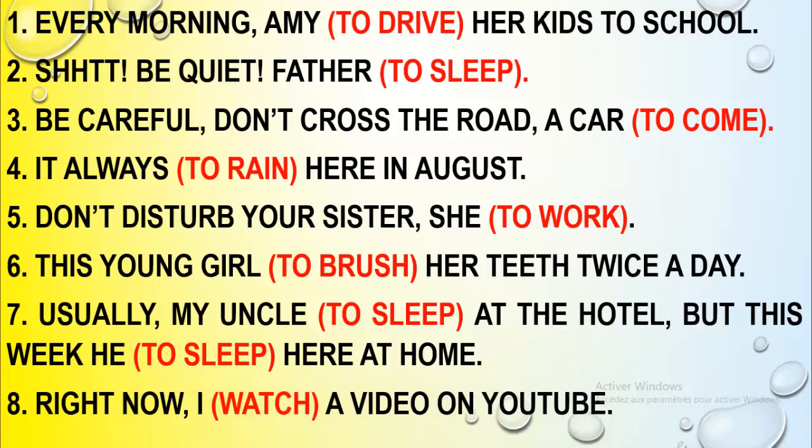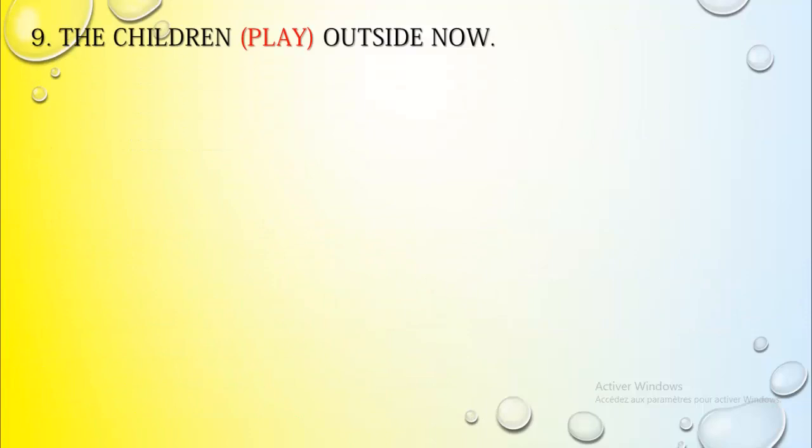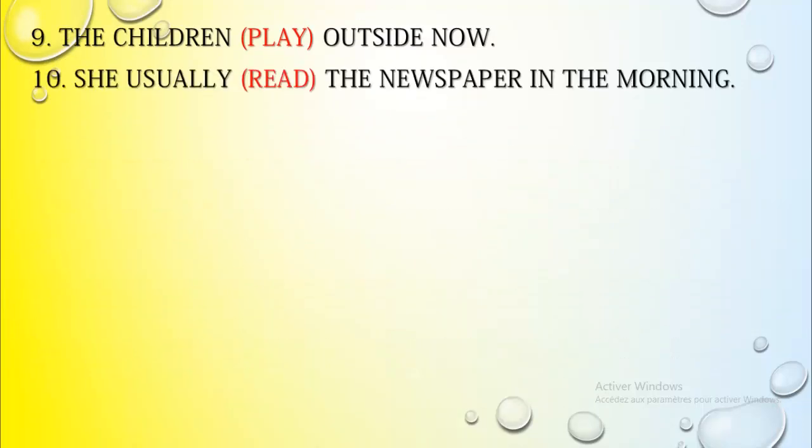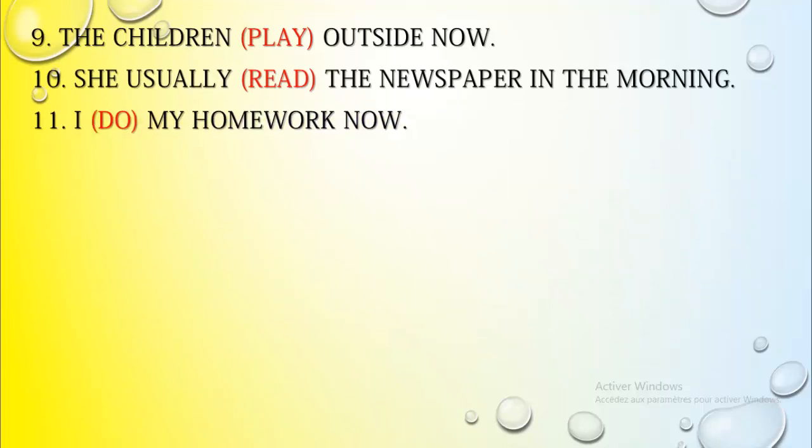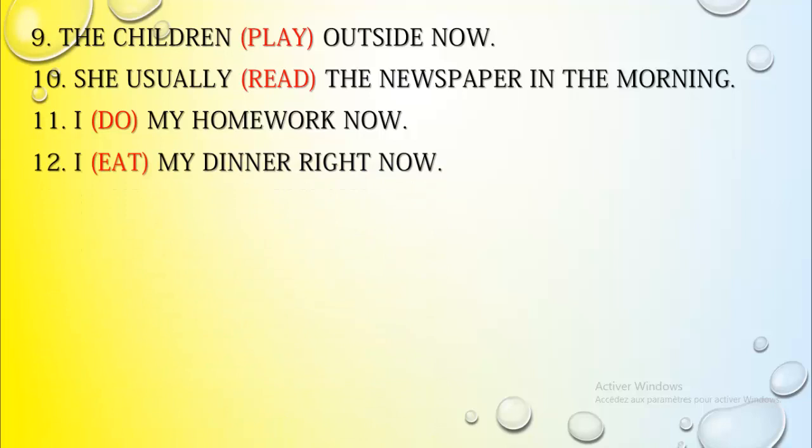Number 8, right now I to watch a video on YouTube. Number 9, the children to play outside now. Number 10, she usually read the newspaper in the morning. 11, I do my homework now. 12, I eat my dinner right now. 13, you want a pizza?